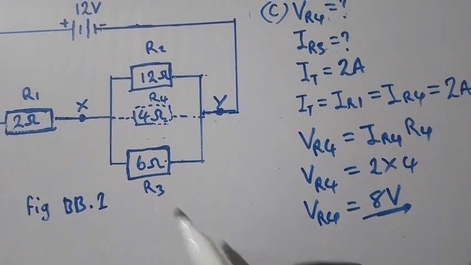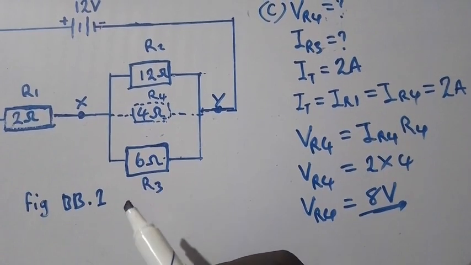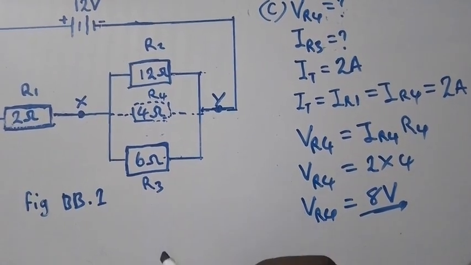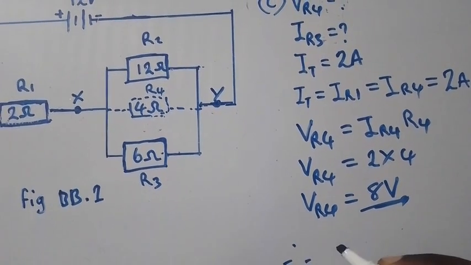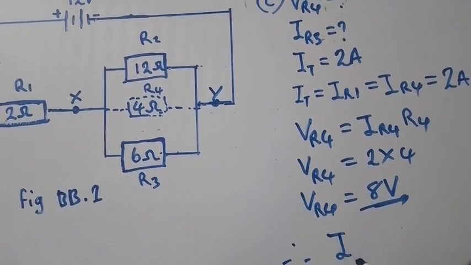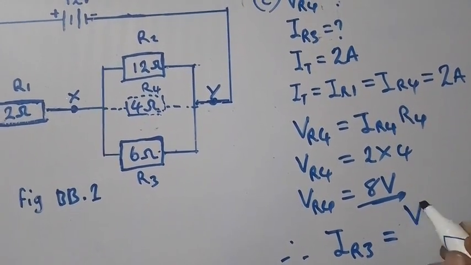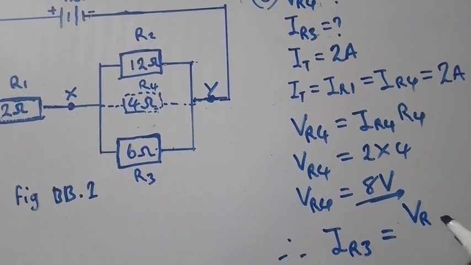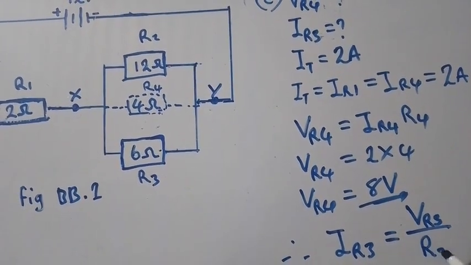So now to find the current that is coming to resistor 3, it will be very easy because we have now everything that can help us. Therefore, current passing through resistor 3 will be equal to voltage drop through resistor 3 over resistor 3.